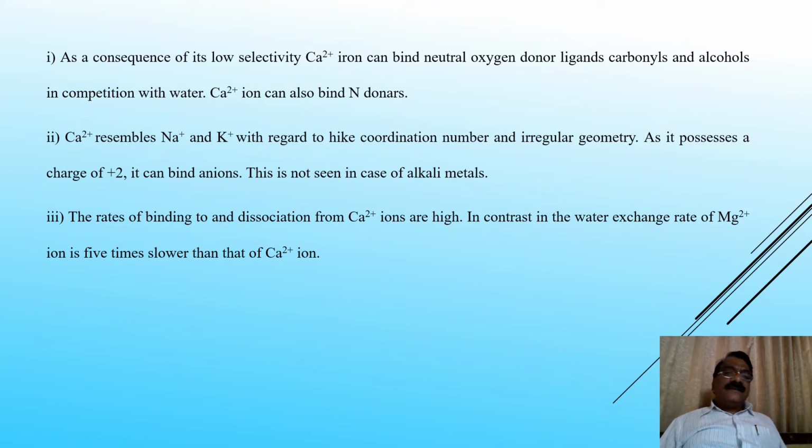As it possesses a charge of +2, it can bind anions. This is not seen in the case of alkali metals. And third factor, the rates of binding to and dissociation from Ca2+ ions are high. In contrast, the water exchange rate of Mg2+ ion is 5 times slower than that of Ca2+ ions.